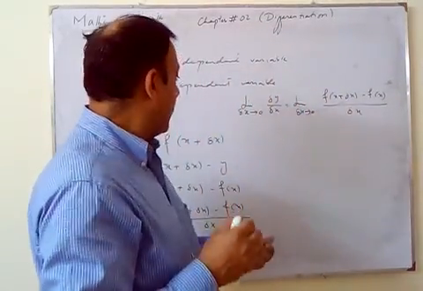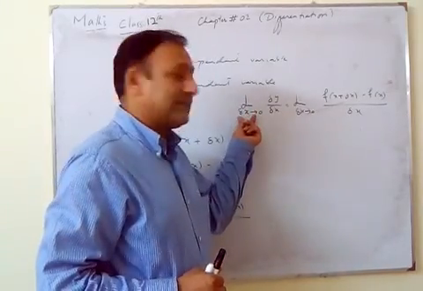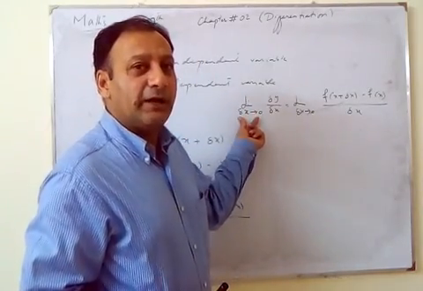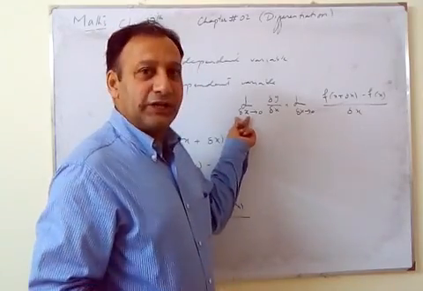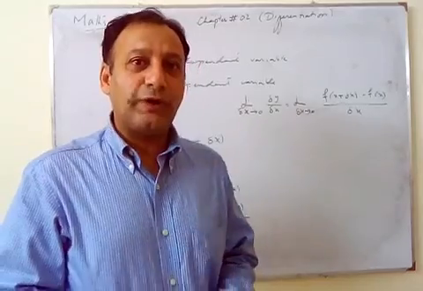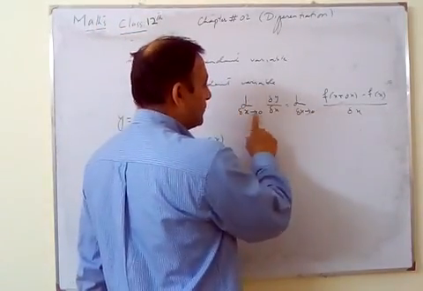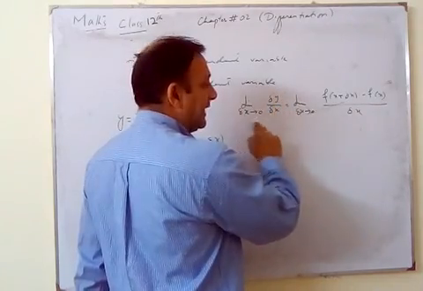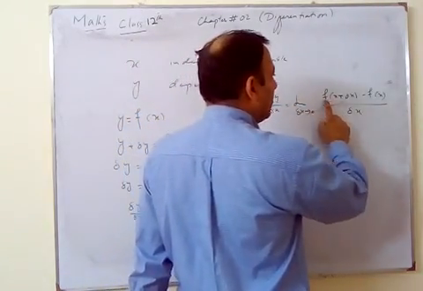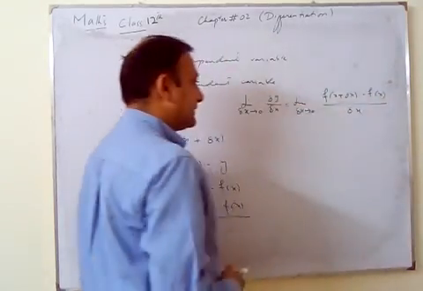We take the limit as delta x approaches 0. It means a very small change, very close to 0. So the limit as delta x approaches 0 of delta y over delta x is equal to the limit of f of x plus delta x minus f of x, divided by delta x.